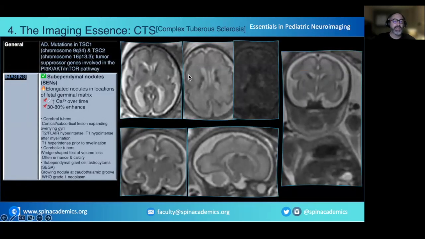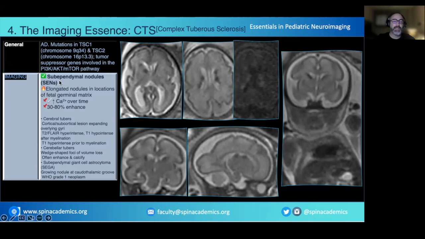Next, one of the big five, the tuberous sclerosis complex, mutations in TSC1 and TSC2, autosomal dominant, and the malfunction of these suppressor genes, as I mentioned before, leads to tumors and malformations.